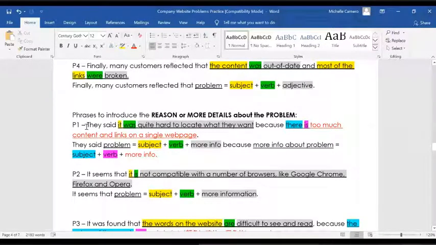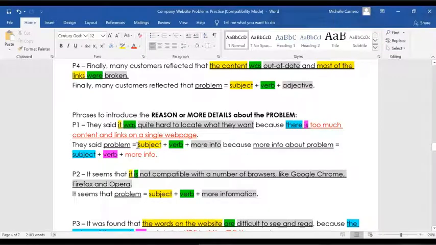So for problem 1, it said, they said it was quite hard to locate what they want because there is too much content and links on a single web page. So you can use the words they said. They is whoever complained. It could be customers, it could be employees, it could be students, it could be doctors, whoever. So they said, then you're going to need to say the problem.